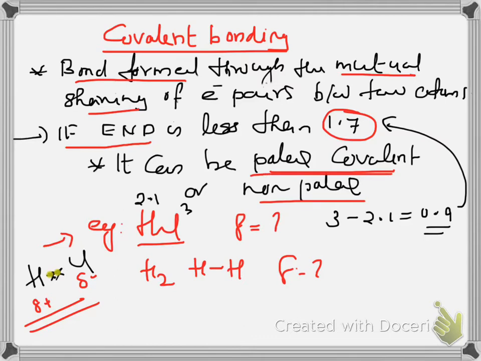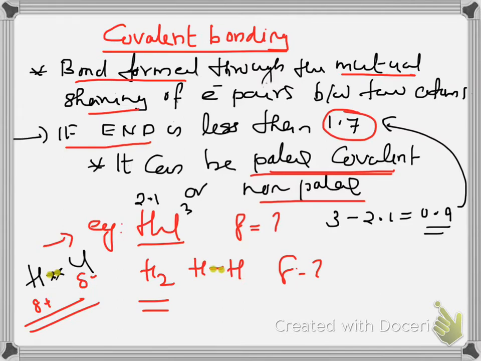If the bonding atoms are of different elements, there is a chance of electronegativity difference, and the formed bond can be covalent but polar. At the same time, if we consider hydrogen, here both the atoms are hydrogen.